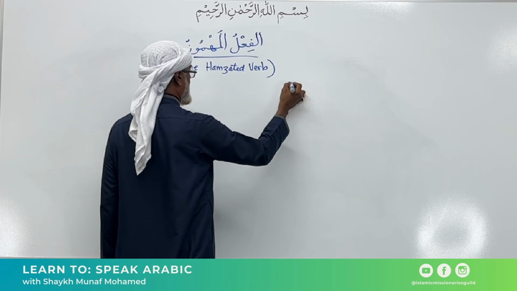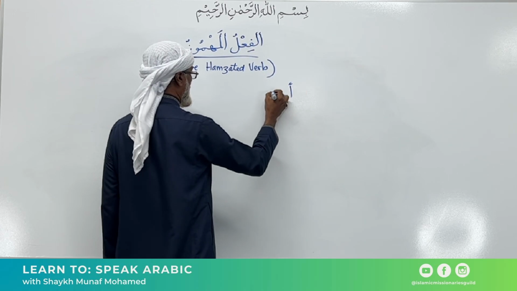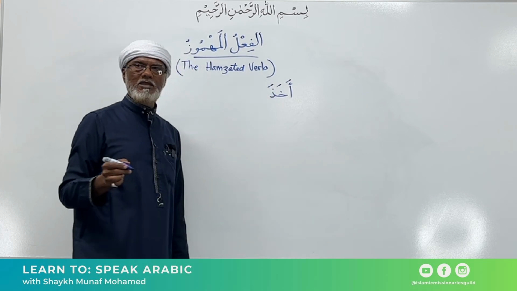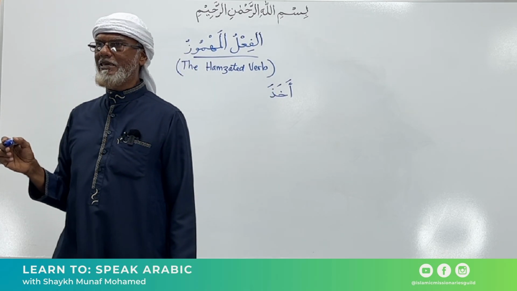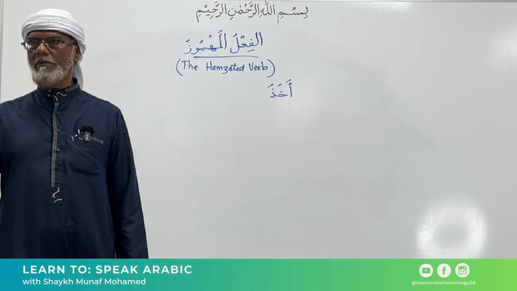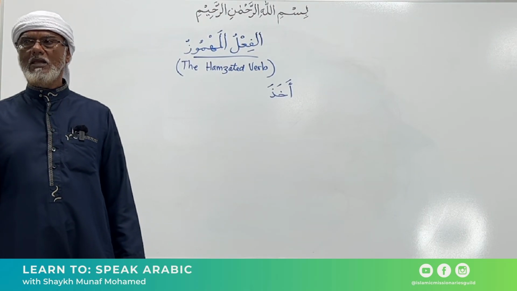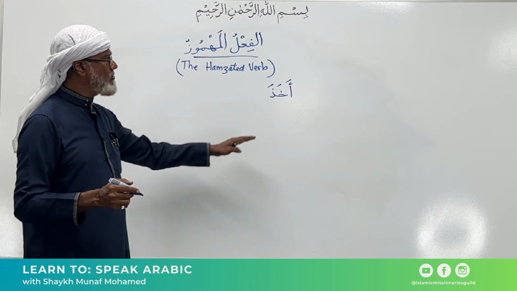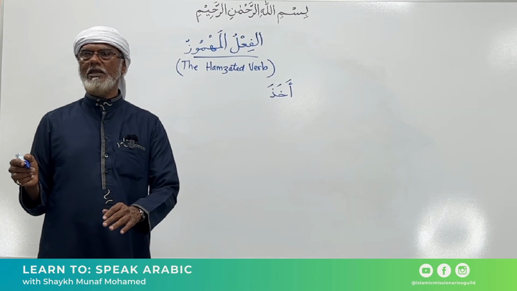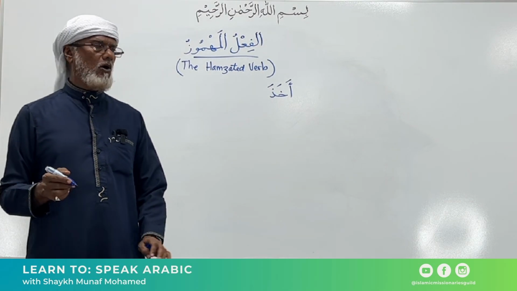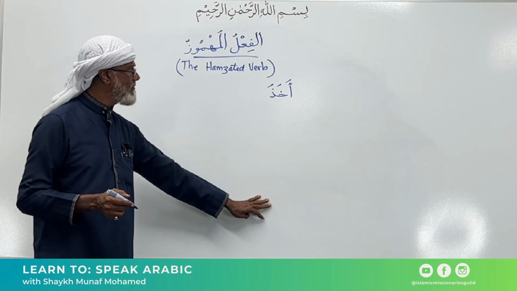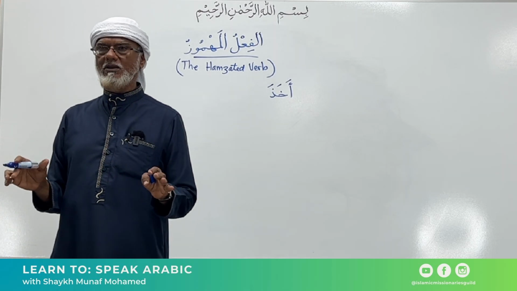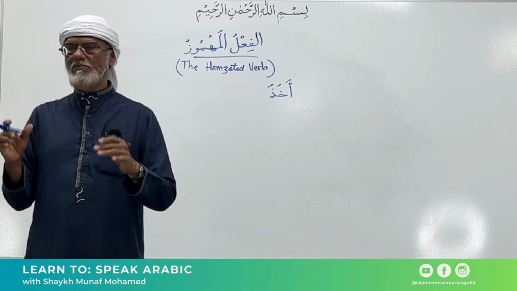We have the word, let's say, akhadha. Akhadha means he took. T-O-O-K. He took. Now, the conjugation of this verb in the perfect tense, and all the other verbs that we will be mentioning, in the perfect tense, is exactly the same as the sound verbs.